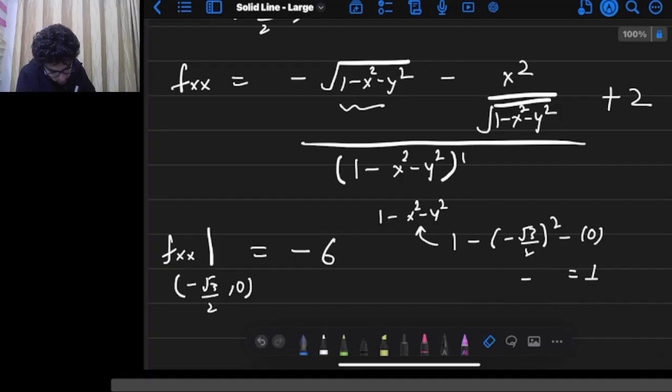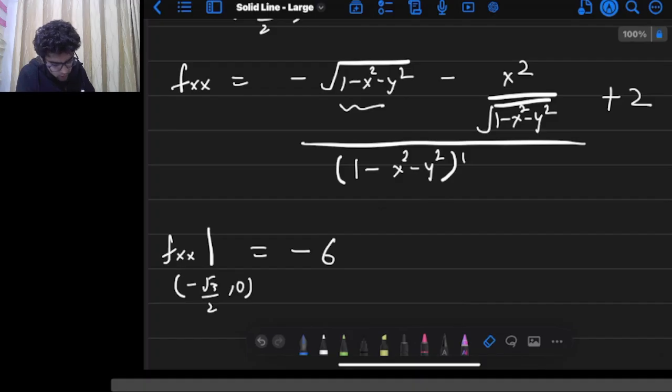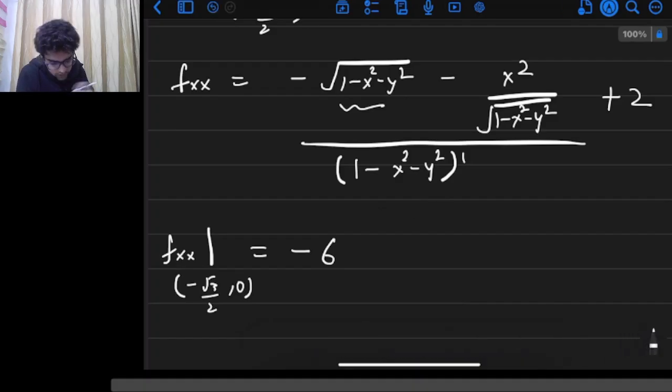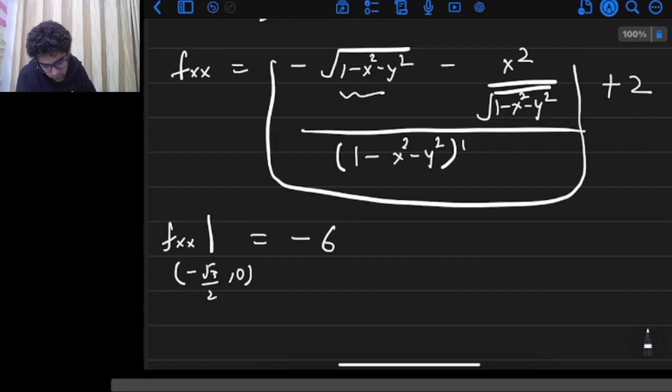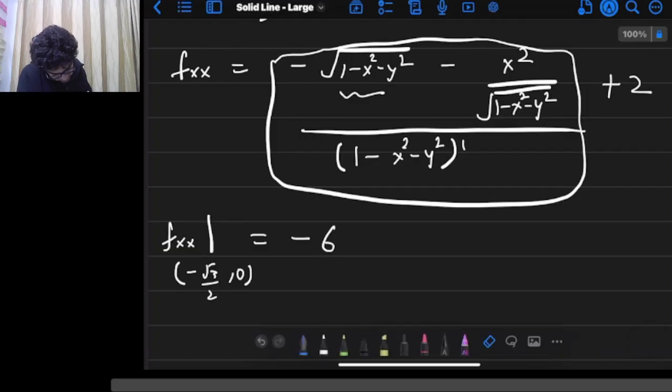So A again turns out to be minus 6 only. The whole expression is the same as previously. The first expression will turn out to be minus 8, and minus 8 plus 2 is minus 6.